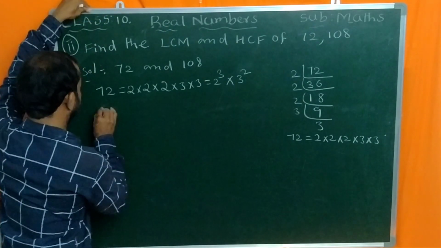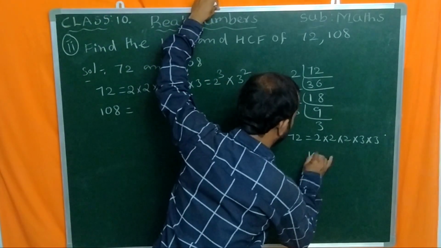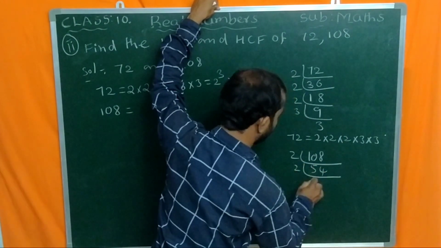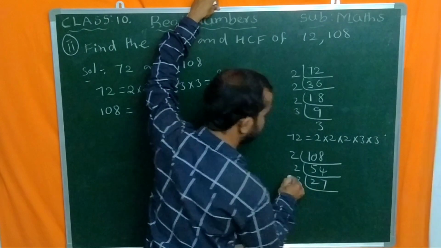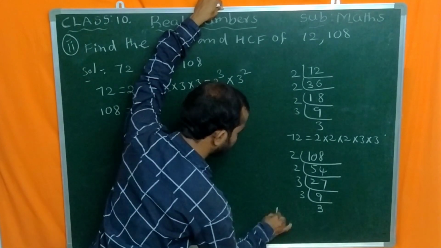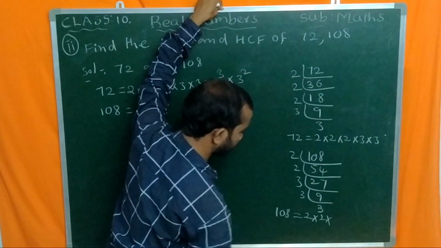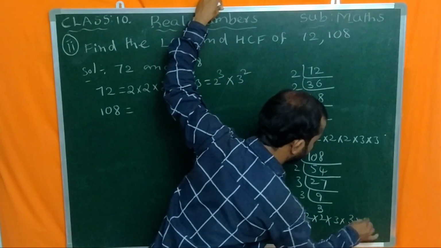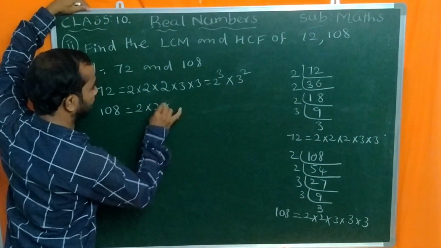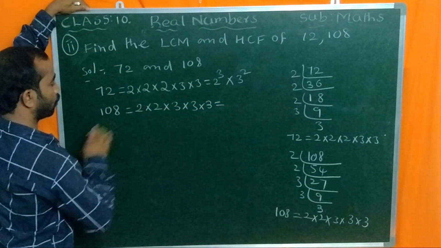Next, 108 can be written in prime factors: 108 equals 2 into 2 into 3 into 3 into 3. How many 2s?